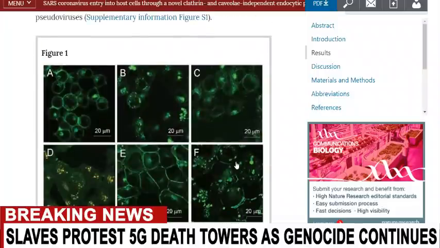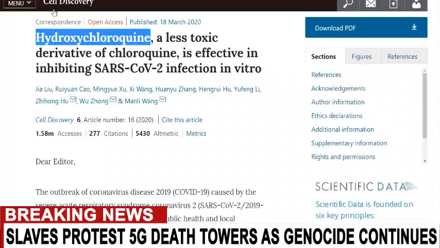Now, we've been looking at some of the hydroxychloroquine articles in Nature magazine, perhaps the most prestigious science magazine out there.